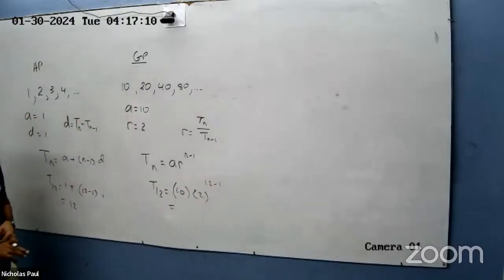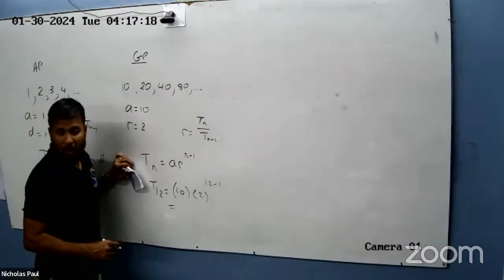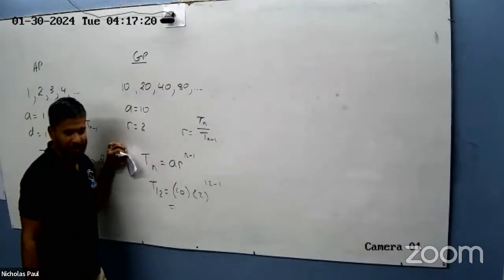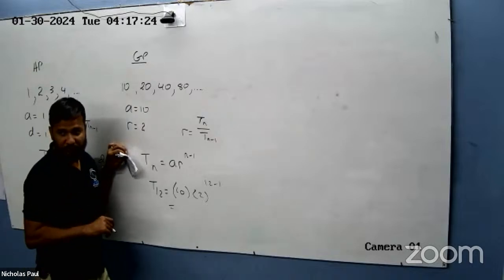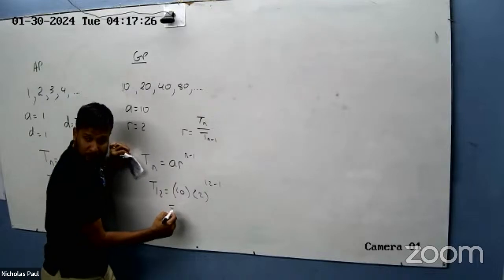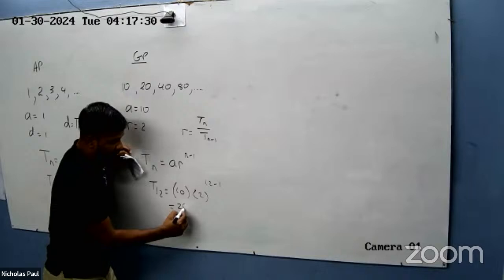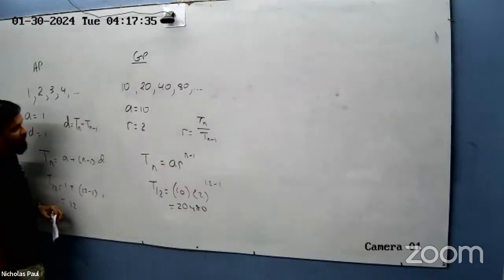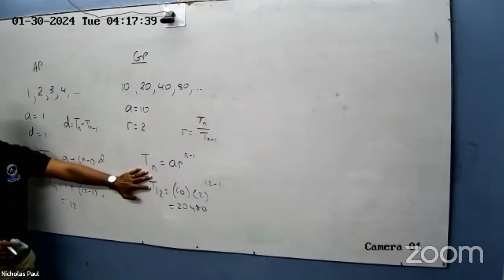How much is that? What is 2 to the 11? 20,480. Okay? So that's the way you use these formulas here for APs and GPs.